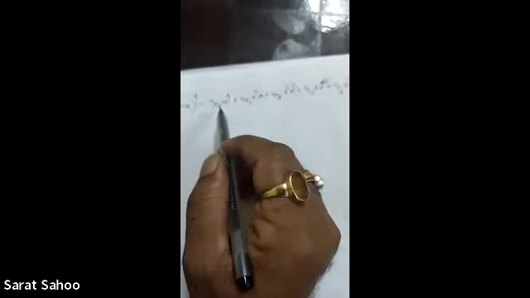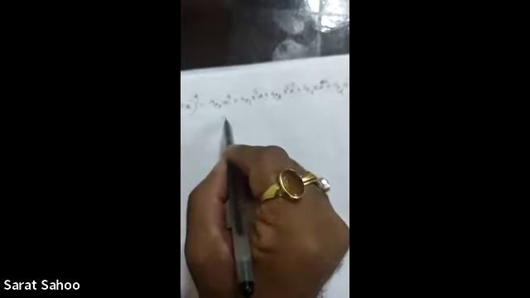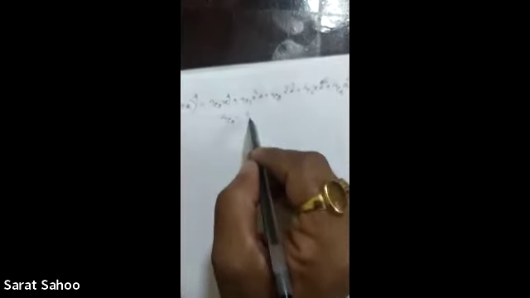So what is the coefficient of the term from the beginning? The first term from the beginning is 4C0 and the coefficient of the first term from the end is 4C4. You know 4C0 is equal to 4C4.